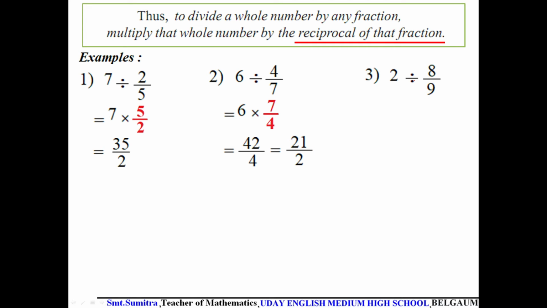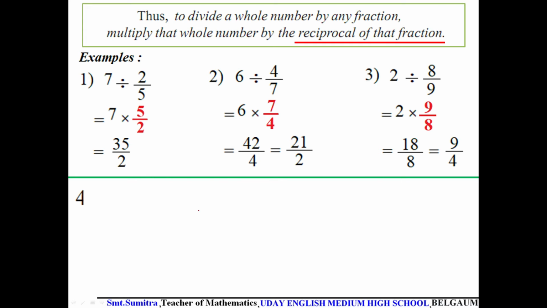Next, 2 divided by 8 upon 9. 2 into, I repeat, multiplication, into the reciprocal of 8 upon 9, which is 9 upon 8. Then multiplication gives 18 upon 8, and after cancellation 9 upon 4.